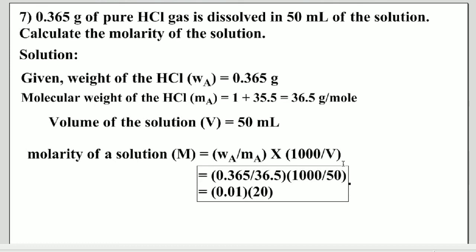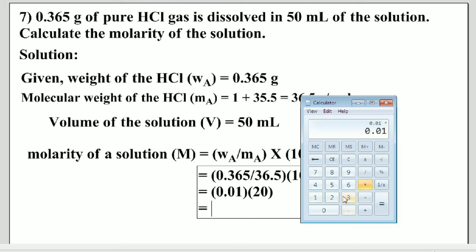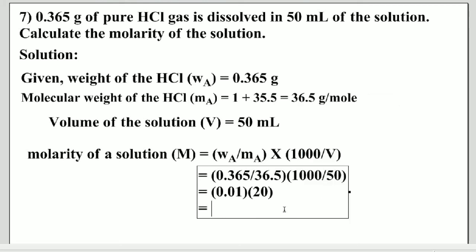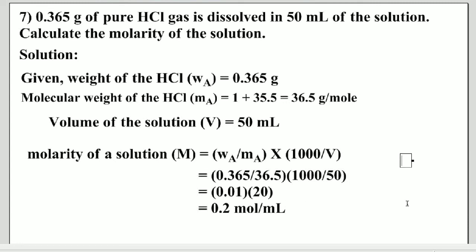So 0.01 into 20 gives 0.2. 0.2 moles per ml is the molarity of the solution which contains 0.365 grams of pure HCl in 50 ml solution.